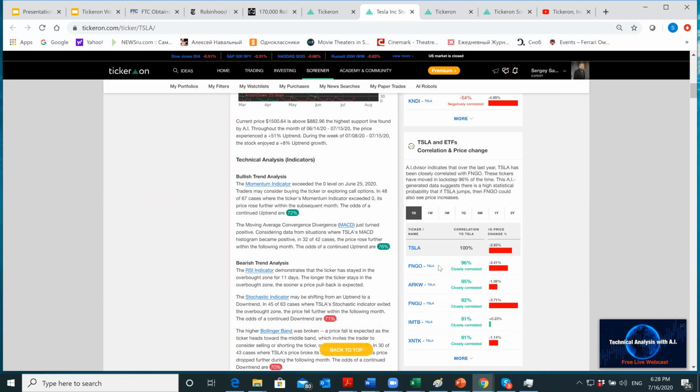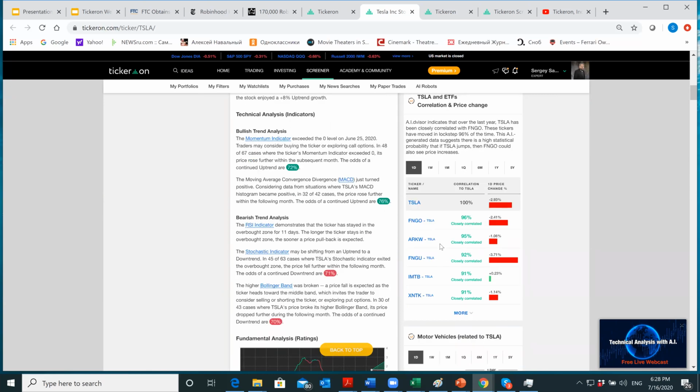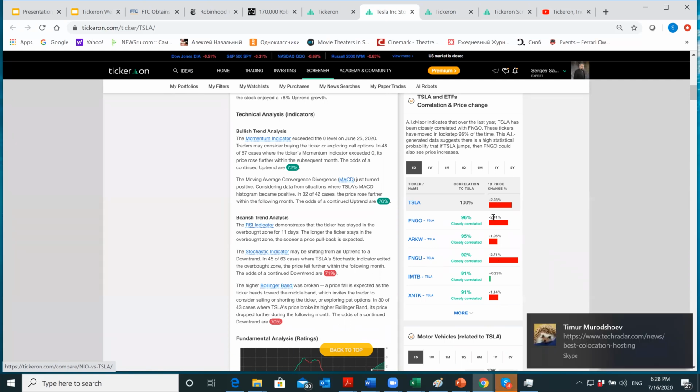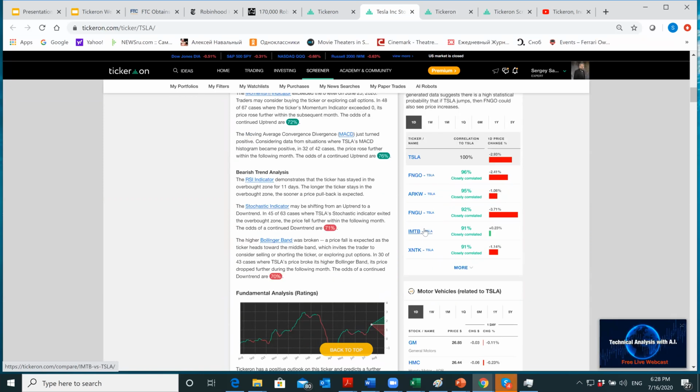And these are the ETFs which have Tesla in their holdings. And then you can see how other ETFs are reacting to the market, and with Tesla being a holding of this, we can analyze how Tesla performs, okay?